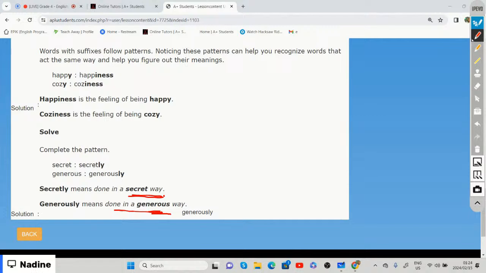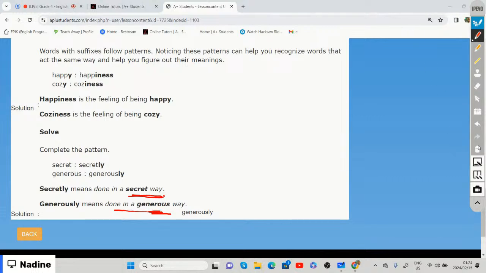And generously means that it is done in a generous way, meaning that they are more giving. So literally the whole pattern is about the certain way in which something is being done, in a secret way or in a generous way.